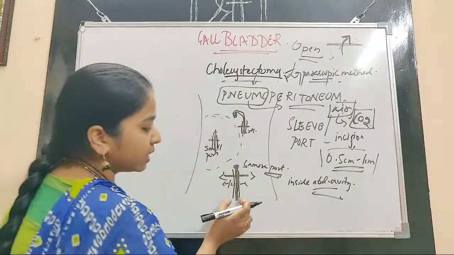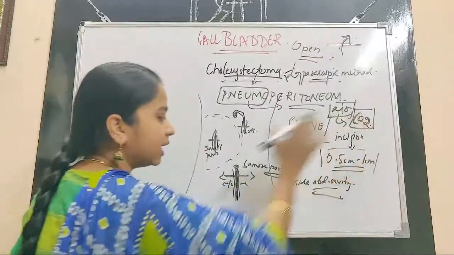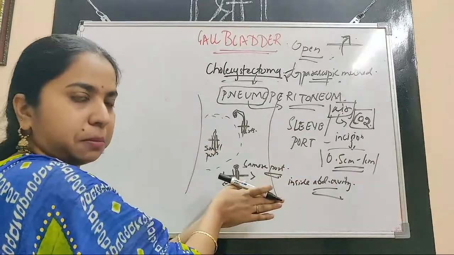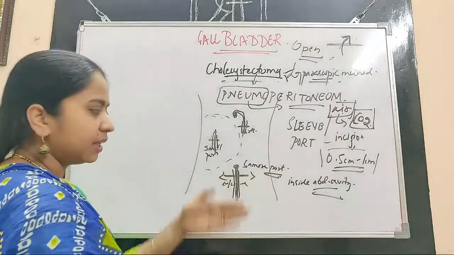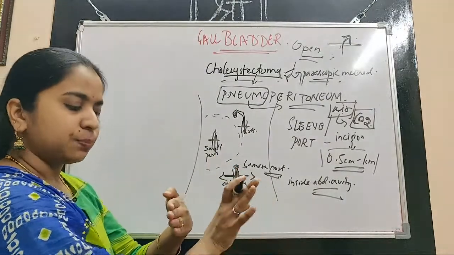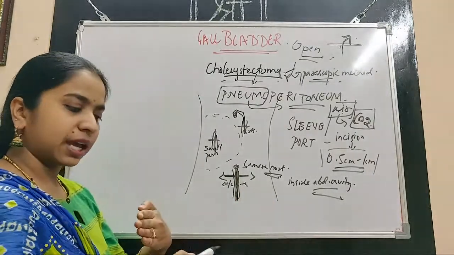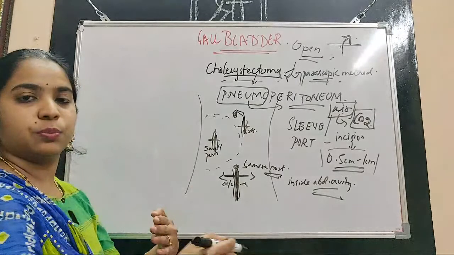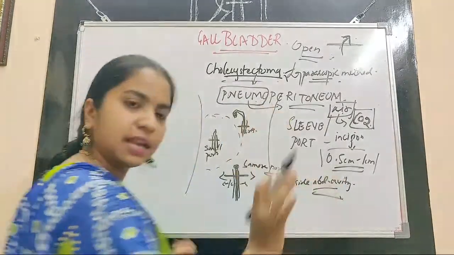Once they enter the abdominal cavity, they pass carbon dioxide so that the peritoneal cavity fills up with gas. This makes a space between the outer abdominal layer and the inner viscera, creating an operative space so that the camera can look through easily and you can move the instruments easily between the abdominal wall and the viscera. This is why a pneumoperitoneum is created.